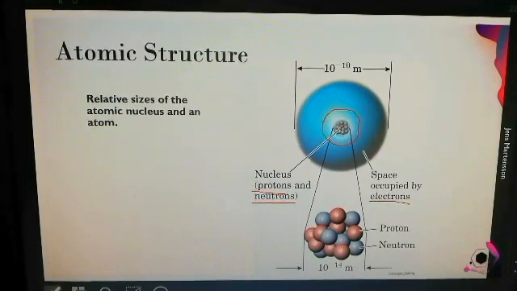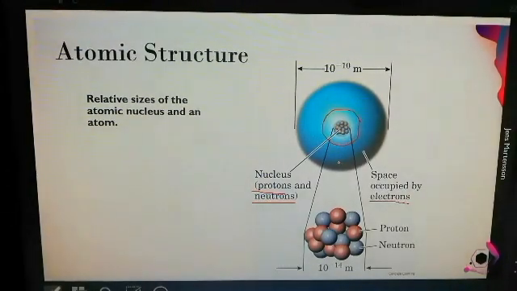So electrons occupy the space of the atom. So it orbits around the nucleus. The nucleus of an atom has a positive charge since it consists of protons, and the space has a negative charge.